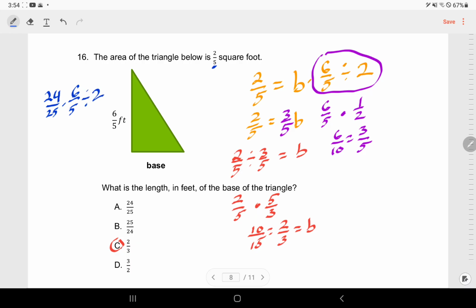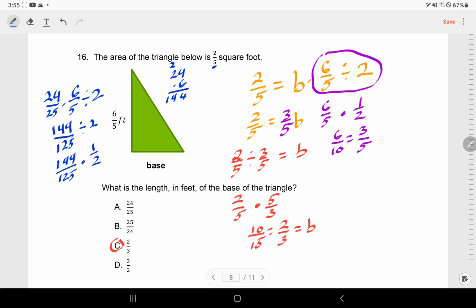And we want it to equal 2 over 5. Well, 24 times 6. 6 times 4 is 24, carry 2. 6 times 2 is 12, and 2 is 144. So that's 144 over 5 times 25 is 125. Divided by 2, so 144 over 125.